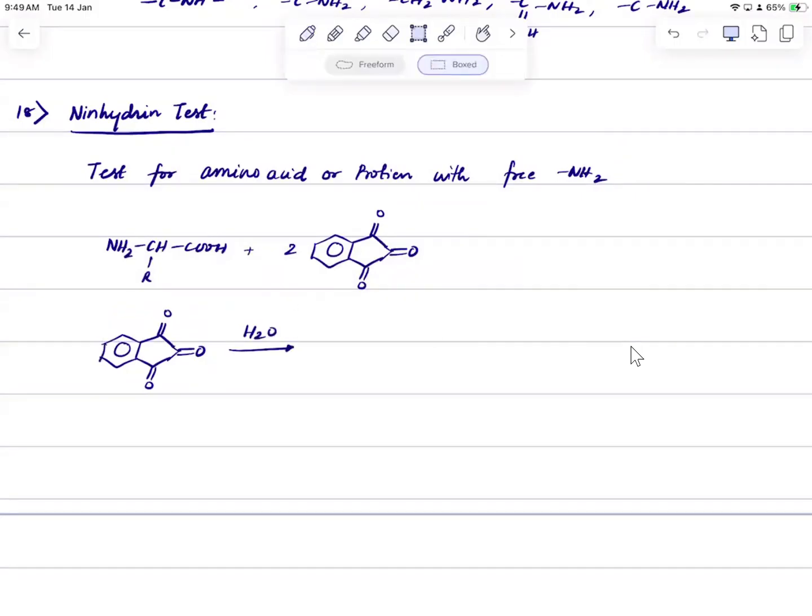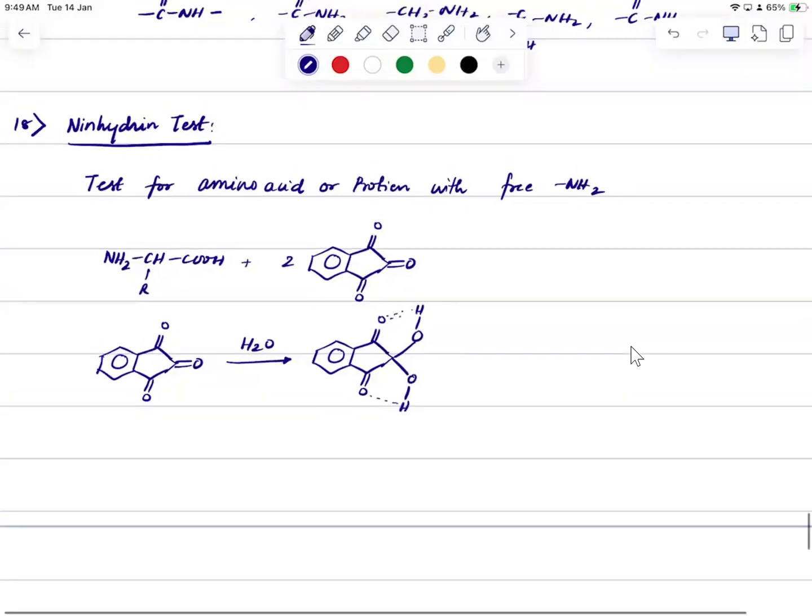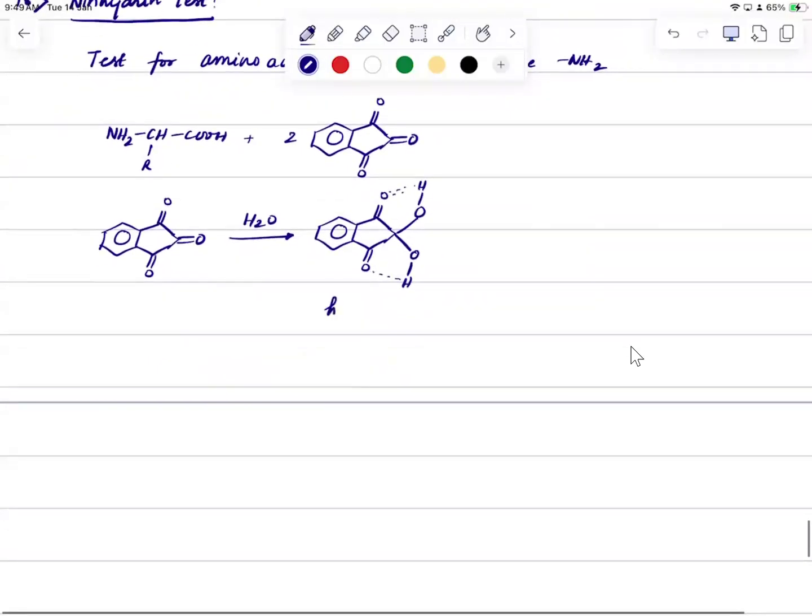Due to its very strong hydrogen bonding, you will see this is how we'll have OH and OH form, and that will give very stable hydrogen bonding. This is the hydrate of ninhydrin. So this is a very stable form of ninhydrin.